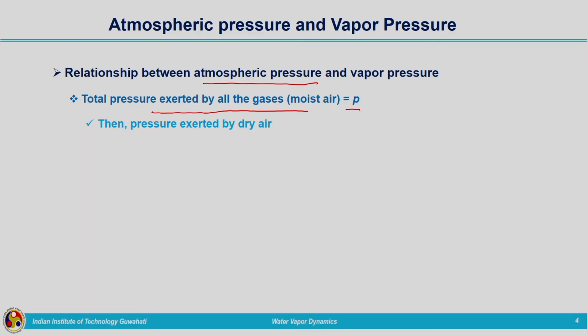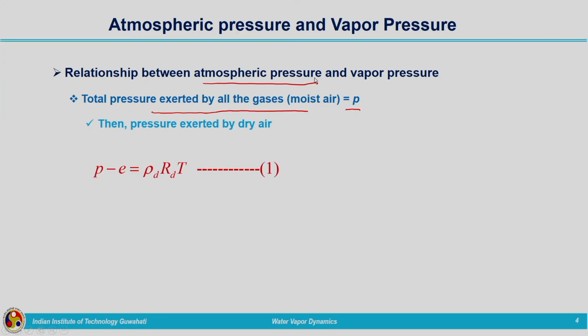So, the total pressure we denote by the notation P. Now, the pressure exerted by dry air. If you look at the moist air, you can see many gases along with the moisture. If you remove the moisture from that air, you will get dry air, which consists of many other gases.